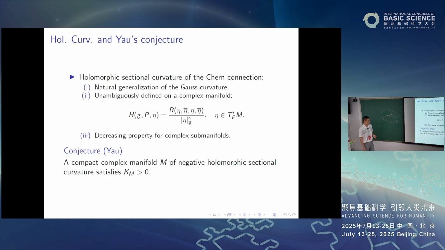So we have two different conjectures. One is about holomorphic maps, so-called hyperbolicity: hyperbolicity implies K_M positive. The other is about holomorphic sectional curvature. Holomorphic sectional curvature is weaker than Ricci, because Ricci is the trace.